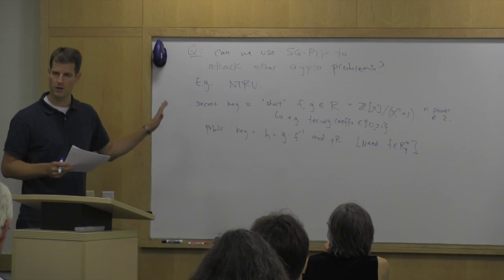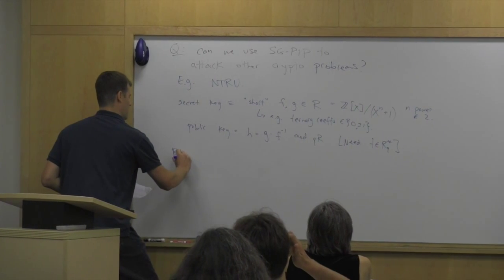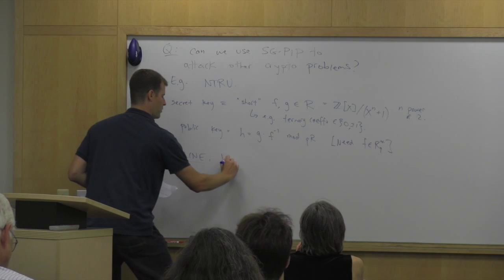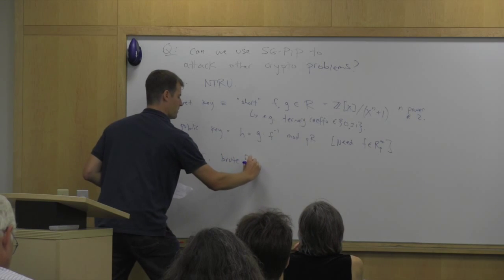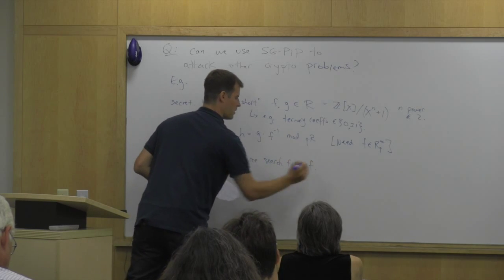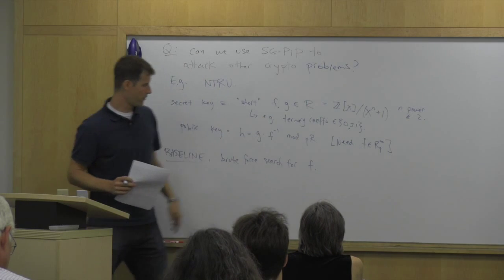So relatively clear so far. Our baseline attack is just a brute force search for f. You can try all 3 to the n ternary polynomials, for example.